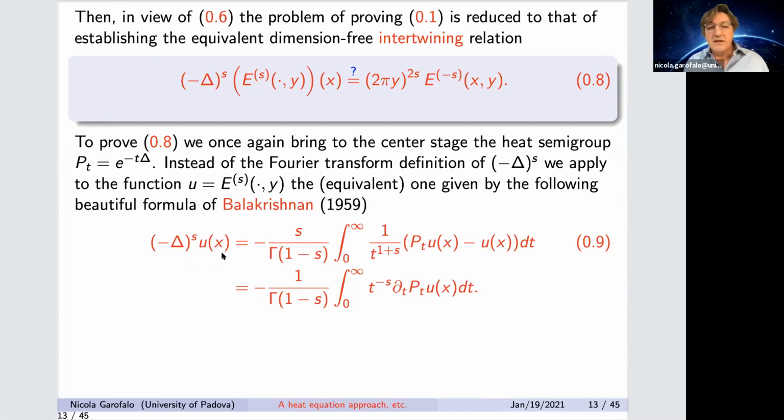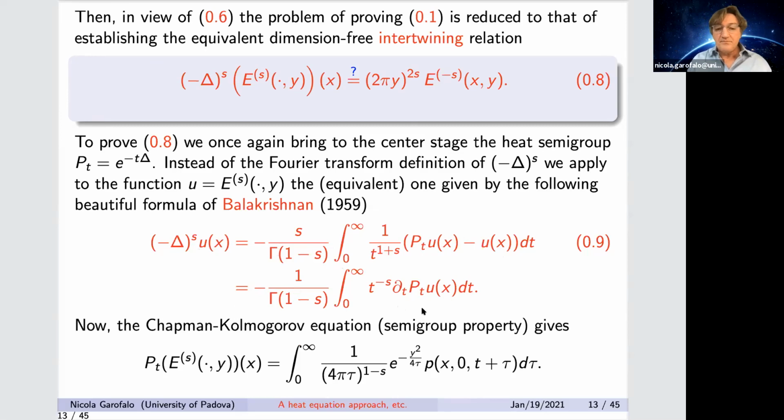Balakrishnan found a way to write fractional powers of closed operators on Banach spaces. And if you apply that to the specific case of the Laplacian, you get this formula here. And then in this formula, you can integrate by parts once and write it in this equivalent form.